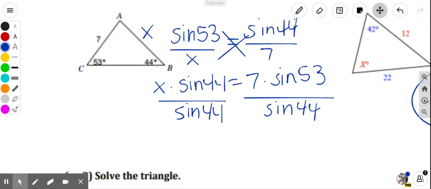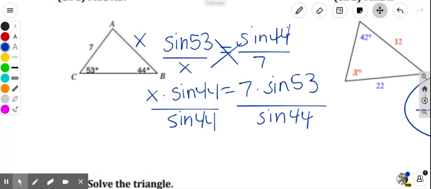So now in your calculator, you're going to do sine of 53 times 7, which is about 5.59, and then you're going to just hit divided by sine of 44. So you should get here that X is approximately 8.05.